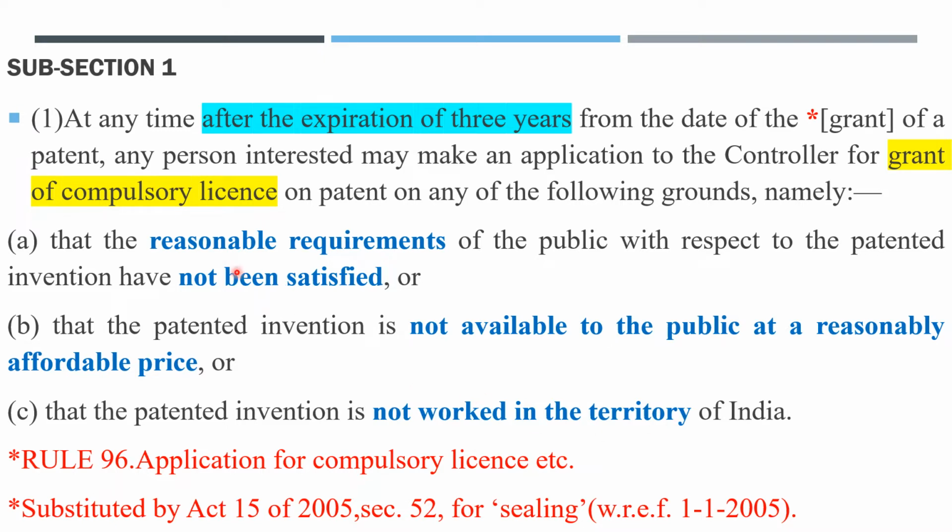That means we can say either of the 3 clauses is sufficiently a ground. That means it can be a ground for a person interested to apply for a compulsory license to the controller. Okay, that means any person interested can make an application for grant of compulsory license on the patent based on the following grounds, and either condition is fine to the controller.